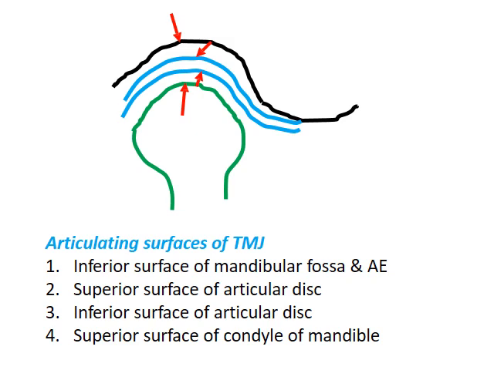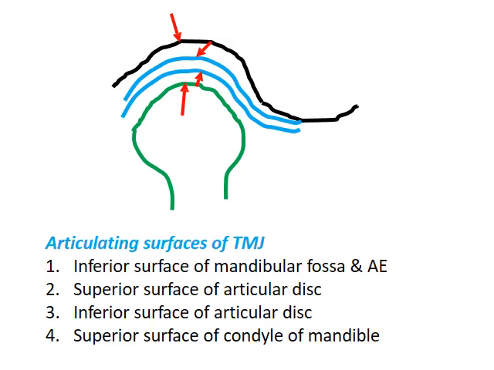So the articular eminence as well as the inferior surface of the mandibular fossa are the first point of contact. And then another articulating surface is the superior surface of the articular disc. That superior portion is in contact with the upper cavity also. Then the inferior surface of the articular disc as well.